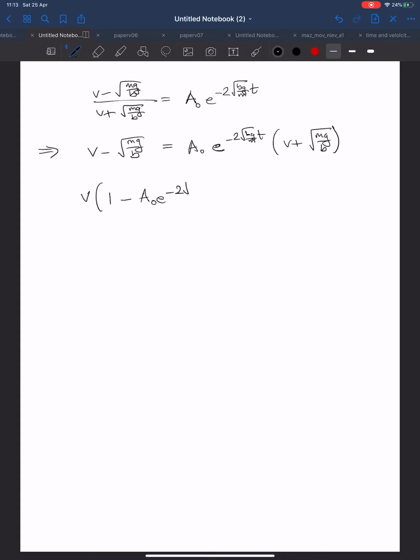So I just multiply out the brackets on the right hand side and then rearrange to have everything in v on the left and then everything without v on the right. Okay, common factor then on the right is this, and I have this.